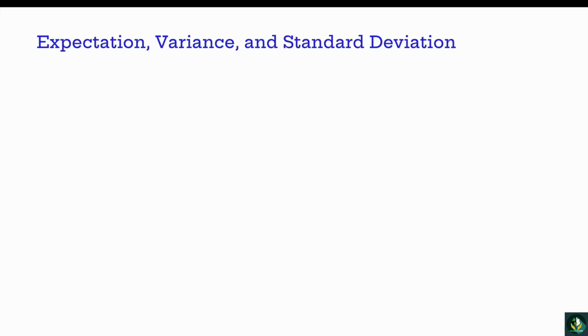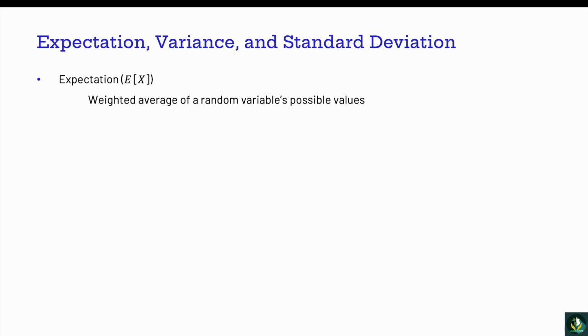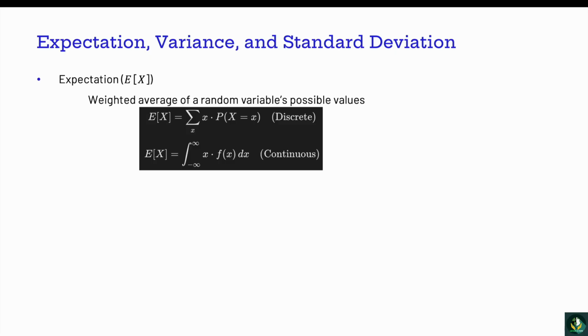Next, let's talk about expectation, variance, and standard deviation. Expectation, E of x, is the weighted average of a random variable's possible values. E of x can be calculated as the summation over x of x times P of X equals x, for discrete, and E of x is the integral from minus infinity to infinity of x times f of x dx for continuous.